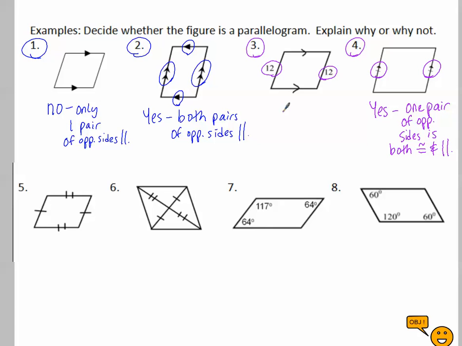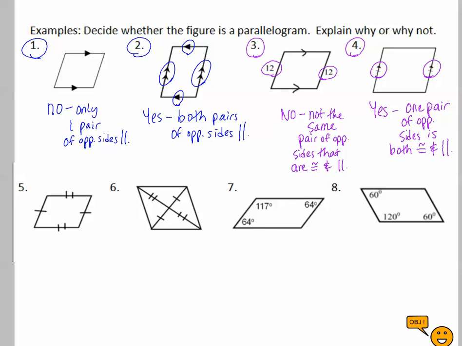In this picture, that is not the case. The pair of sides that is congruent is not the pair of sides that is parallel. So in this case, it's not the same pair of opposite sides that are congruent and parallel. Must be the same pair.